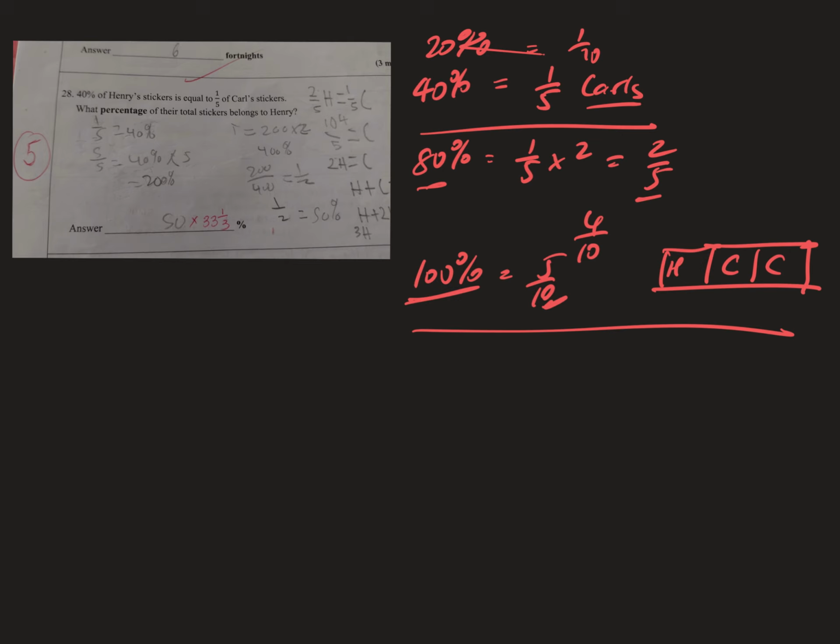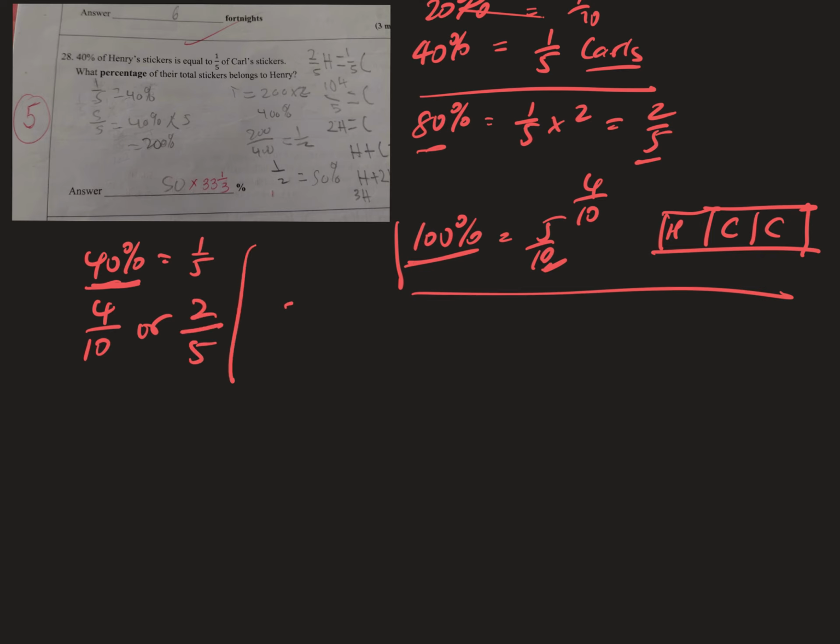That's what I did mentally, because when Miss gave me this question, I had no paper, so let's do this mentally. However, the other way that I would recommend you do this question is making sure they're equal in terms of what they are. So we have 40% is equal to 1/5 of Carl's stickers. We convert this 40% into a fraction as well, so that will be 4/10, or if we reduce it, 2/5.